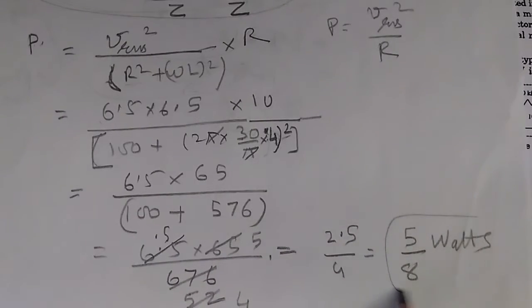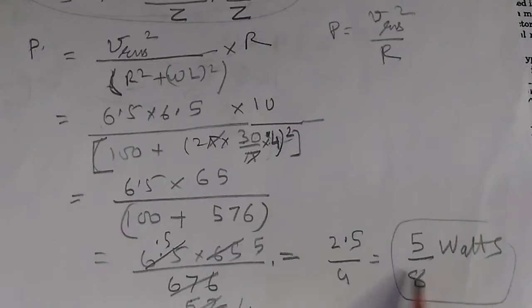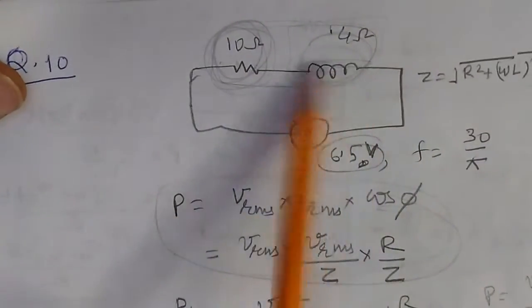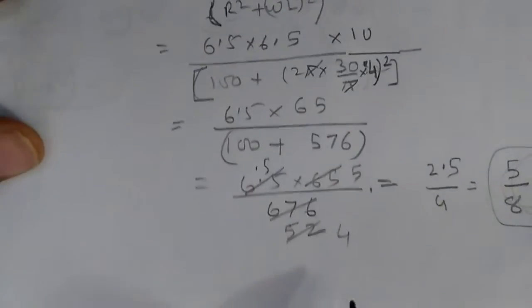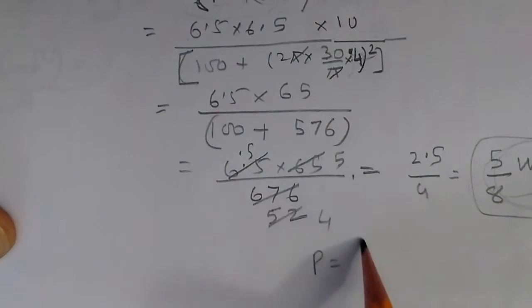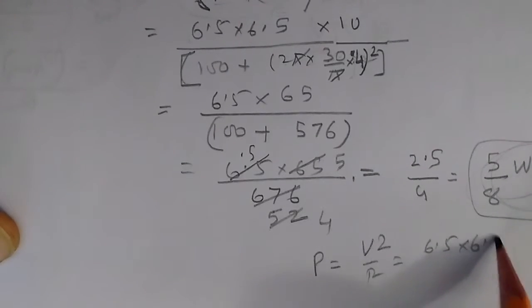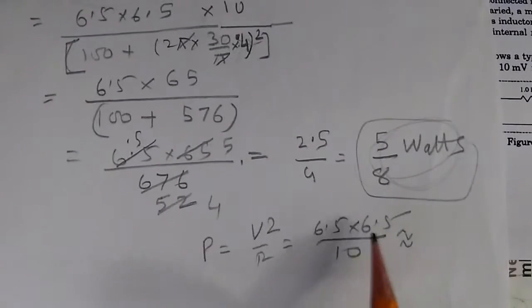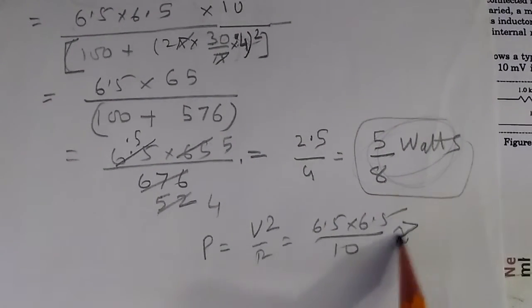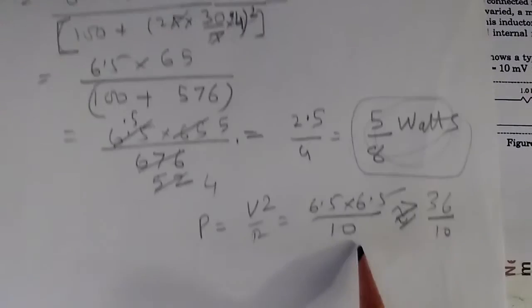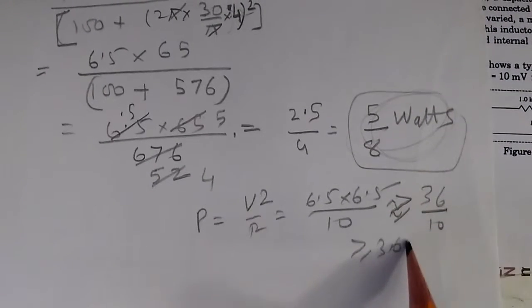So this whole circuit is consuming only 5 by 8 watts. If we had only this resistor R and there was no inductor, then the power consumption would have been P equals V square by R, or 6.5 into 6.5 divided by 10. This is roughly 6 into 6, 36, a little greater than 36, divided by 10, so greater than 3.6 watt.